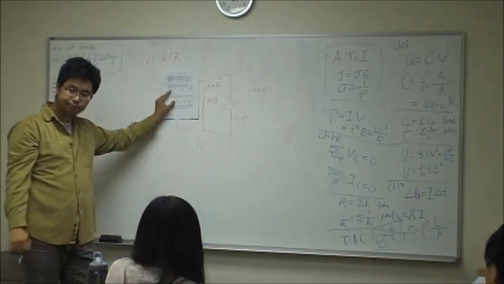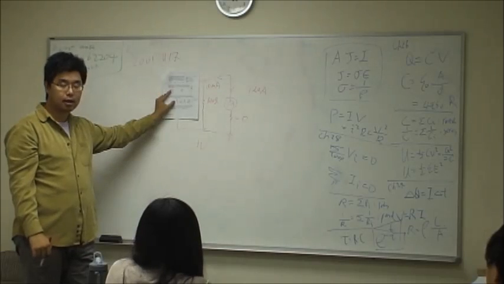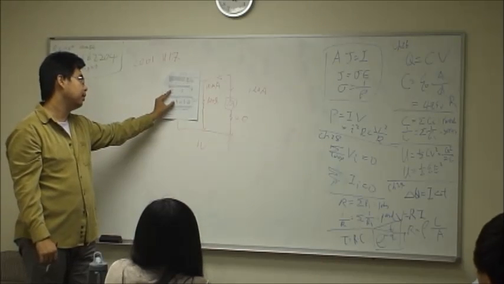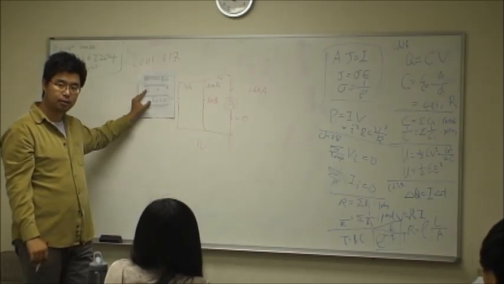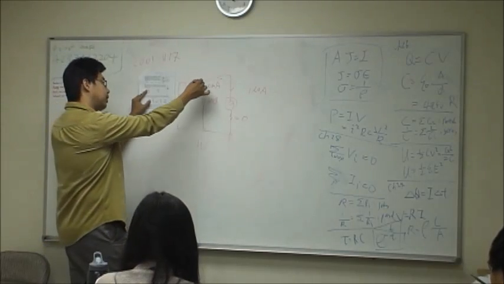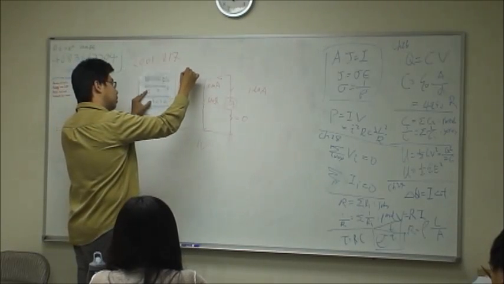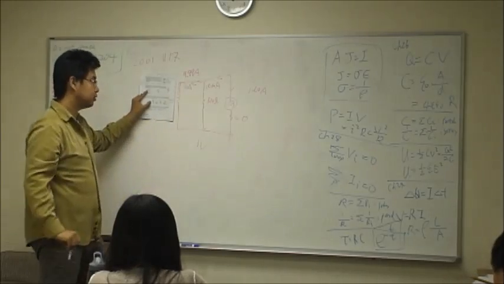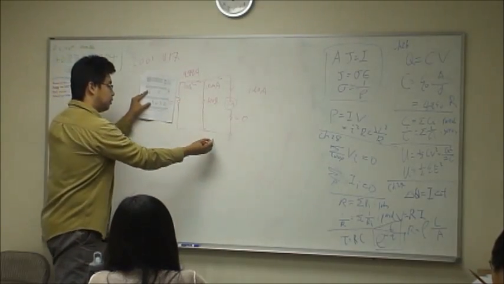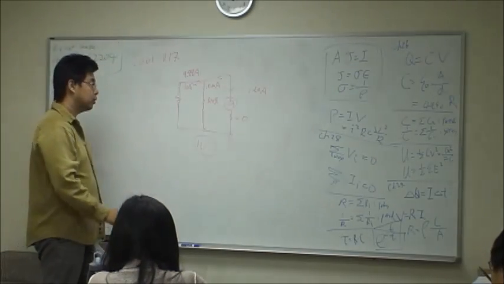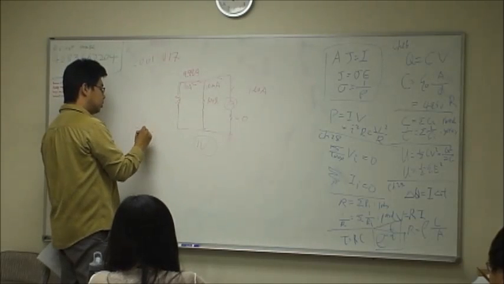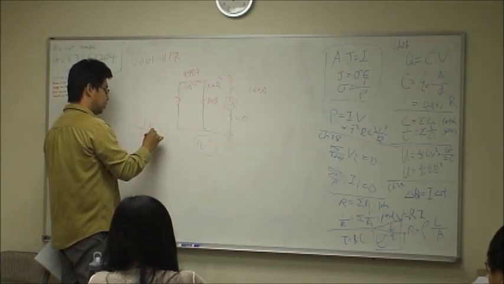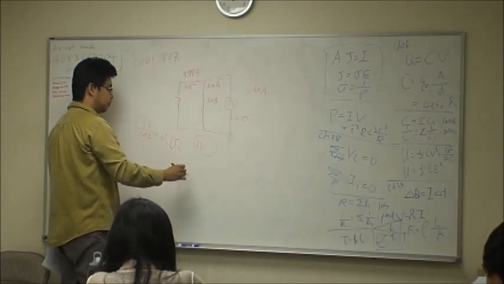Make sense? This question asks, instead of 10 milliamp, I want to give you 10 amp. So 10 milliamp here, 9.99 amp will go through the other resistance, and give you 1 watt. So what should the resistance be? It's 1 watt over 10 amp, which is 0.1 ohm.